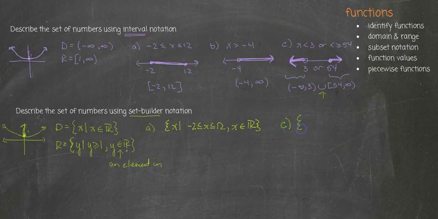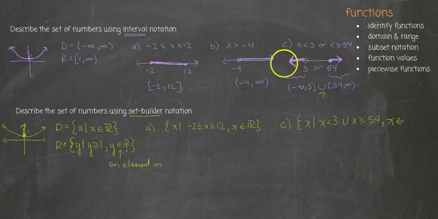C would be the set of x values such that x is less than 3 or x is greater than or equal to 54 and x is an element of, okay, it's certainly true that x is an element of the real numbers because all of the values from negative infinity to 3 are real and all the values from 54 to positive infinity are real. So I would identify x is an element of the real numbers.